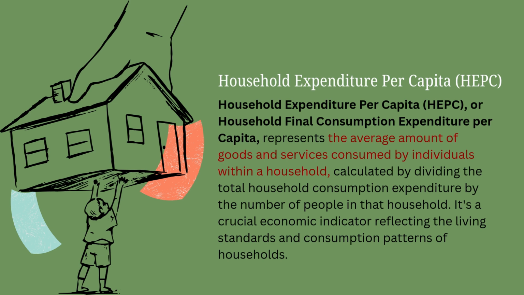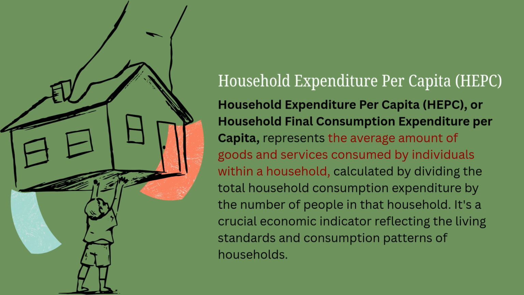The third measure is the household expenditure per capita, called the HEPC, and the household expenditure per capita is also called the household financial consumption expenditure per capita, and it represents the average amount of goods and services consumed by individuals within a household.